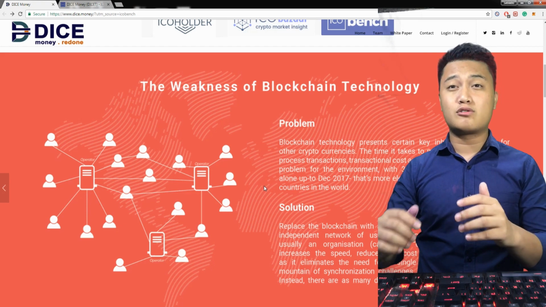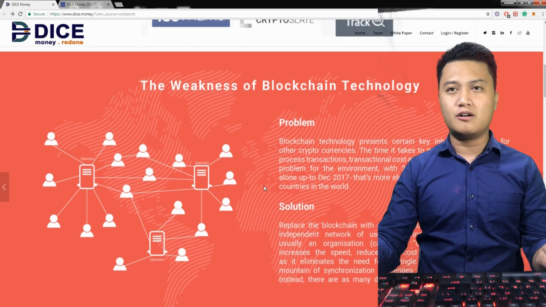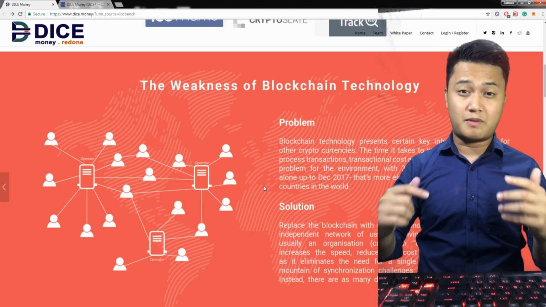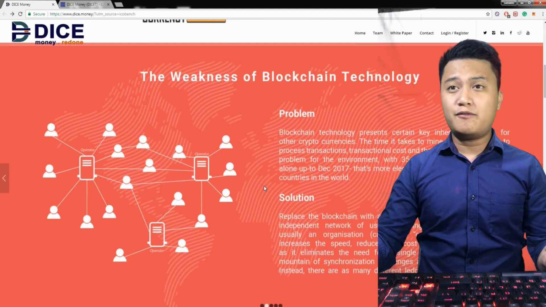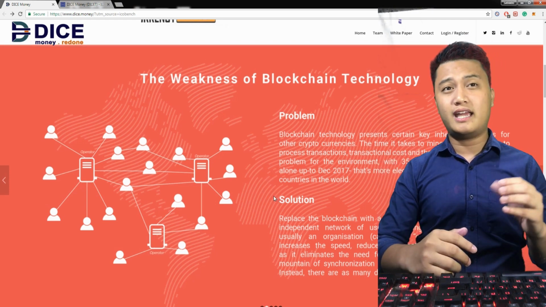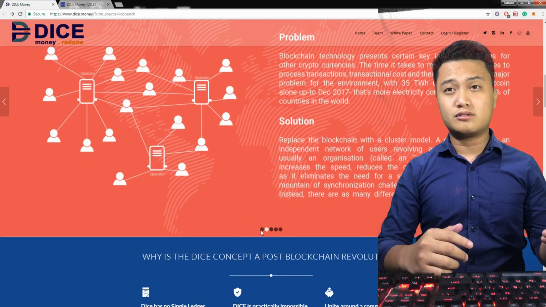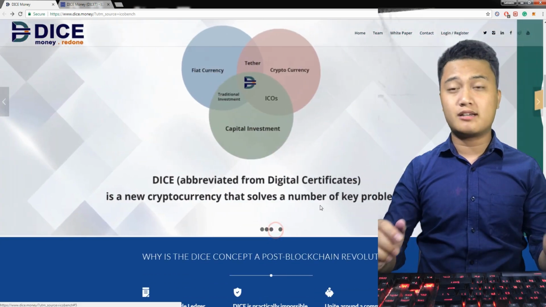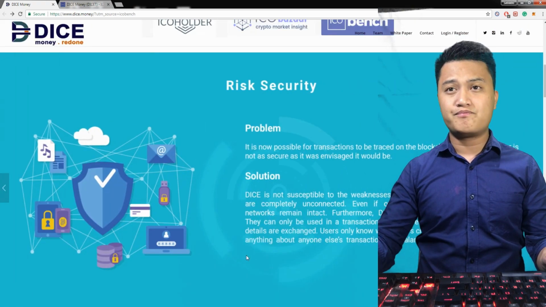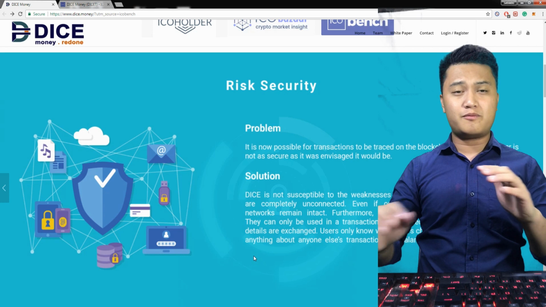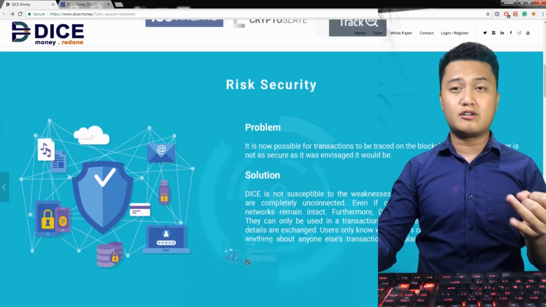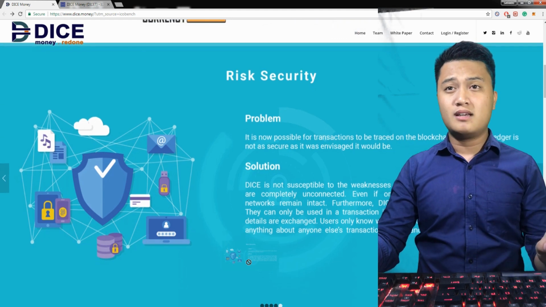Therefore, Dice Money is also using the smart contract protocol, wherein you can rely on it to be secure, fast, cost-effective, and transparent. On top of that, unlike Ethereum where anyone can see your account or verify your transactions, with Dice Money, transactions will be untraceable, on top of being transparent, secure, fast and effective.